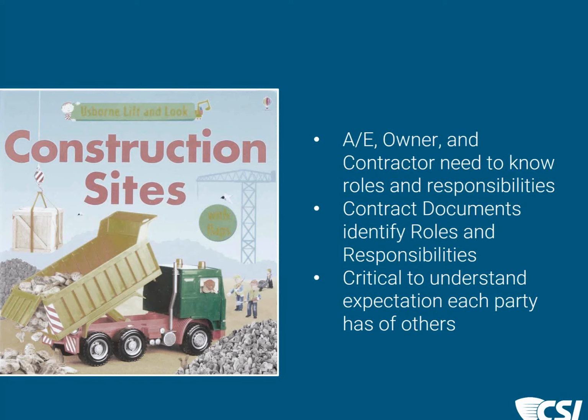But to begin, we're going to talk about roles and responsibilities, and certainly the contract documents identify those, and they're very explicit about what we are to do, and also, importantly, what we are not to do. But as I said, we're also going to touch on expectations. So let's take a look at the next slide.